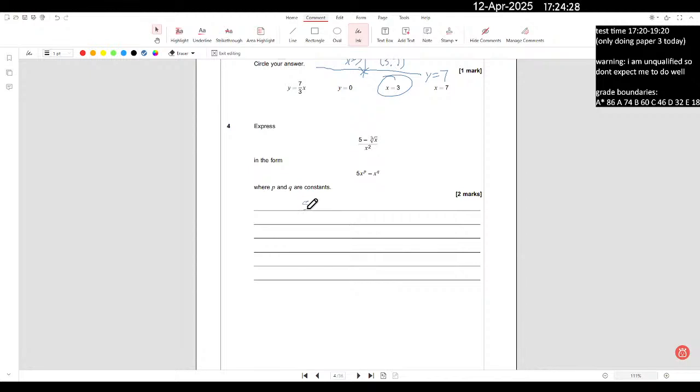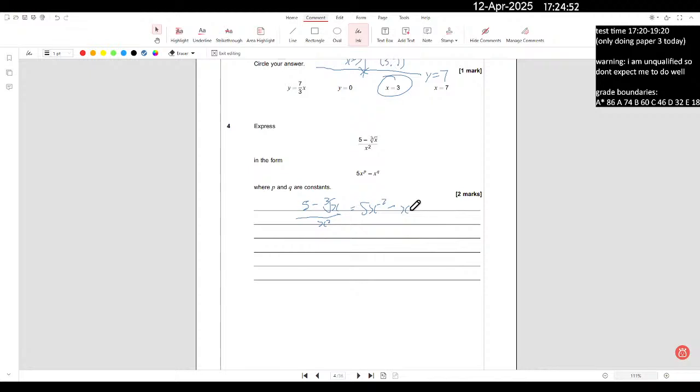Okay, 5 minus cube root of x over x squared should be 5x minus 2 minus x. It's 1/3 minus 2, so what's a third minus 2?